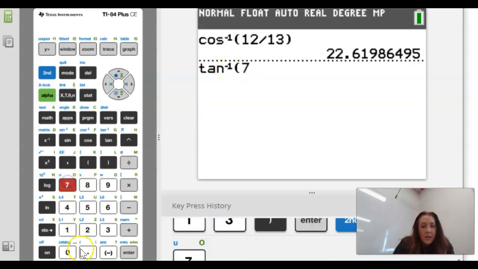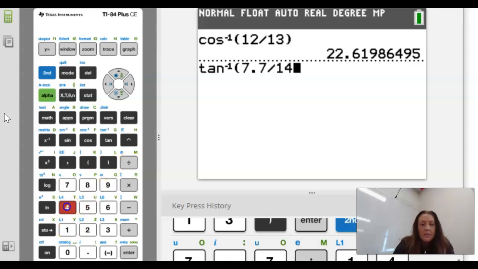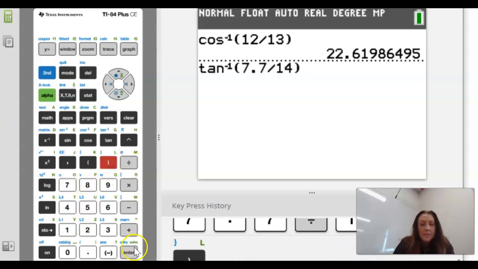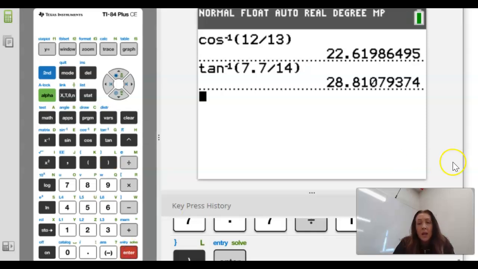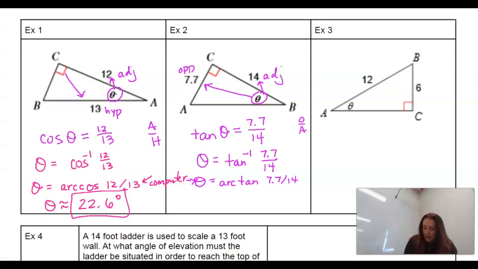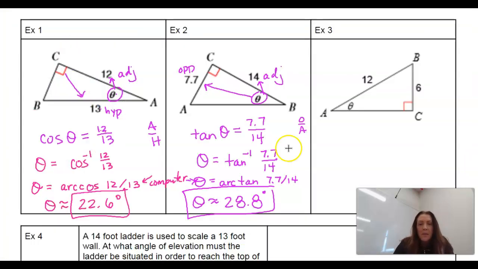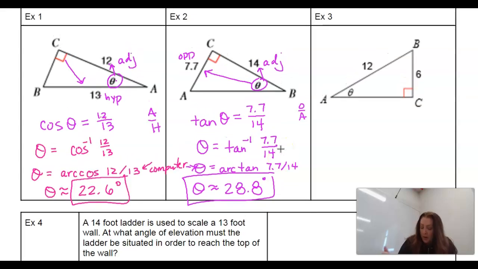And then it was 7.7 divided by 14. I got 28.8 degrees, and that's the size of the angle. I just want to double check. 28.8. Let's look at example number 3.